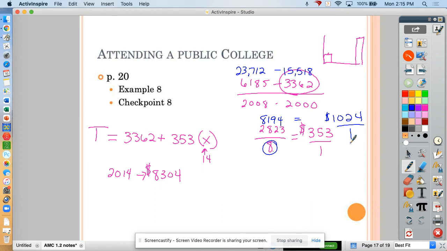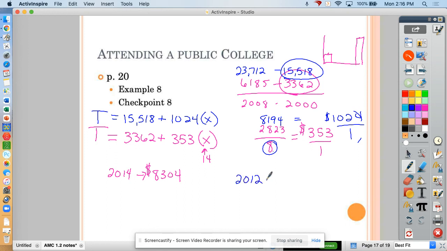Okay. So when we take this information and plug it into our tuition model, tuition costs, again from the beginning, $15,518 plus $1,024 every year. That is our mathematical model for a private school. And then the C question says, what are you going to do in the year 2012?